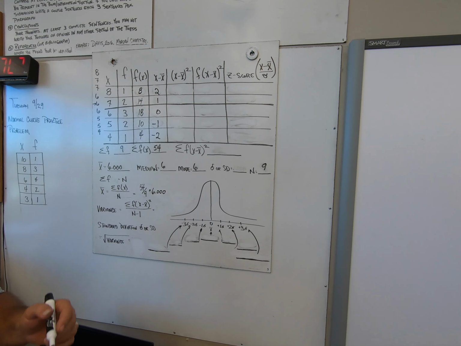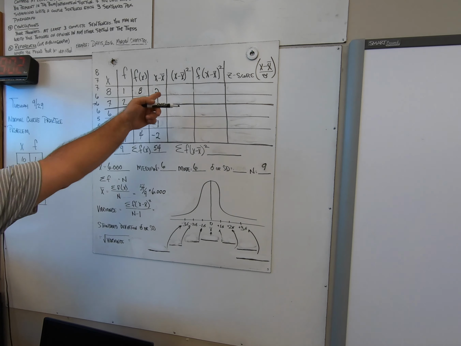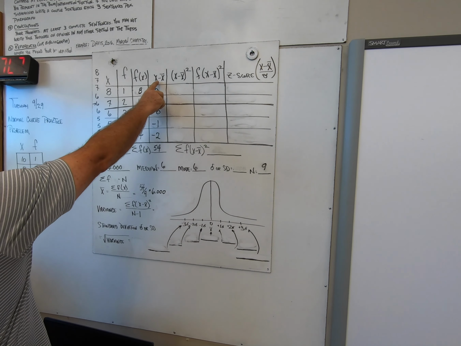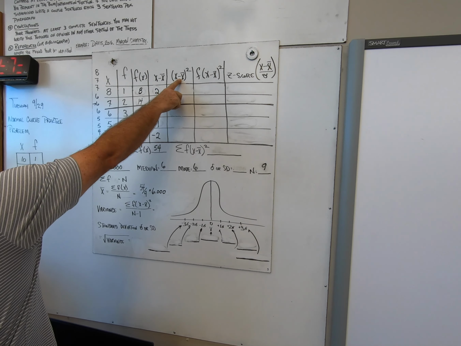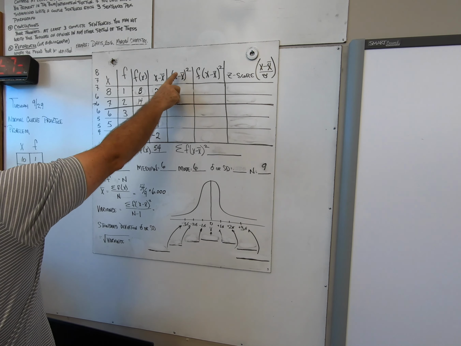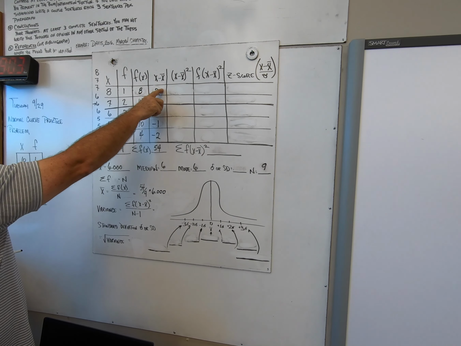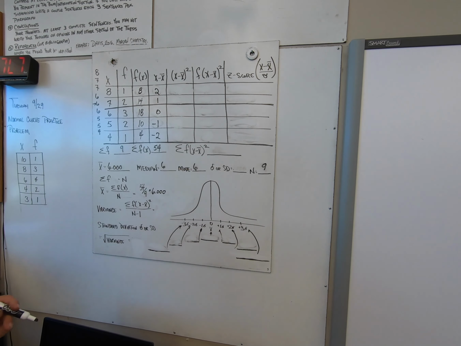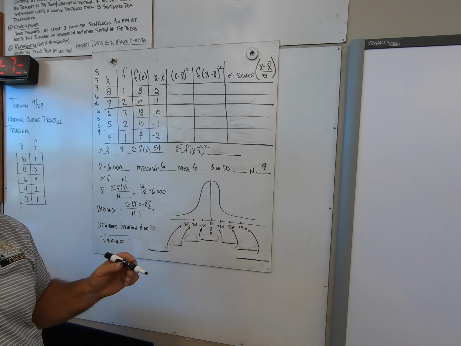What does the next column tell us to do? This column right here. That's the next column. What does it tell us to do with the numbers? Look, guys, all we're doing is moving this over here, and we're squaring it, right? So we're going to take this number, and we're going to square it on each one of the rows. What's 2 squared? 4.